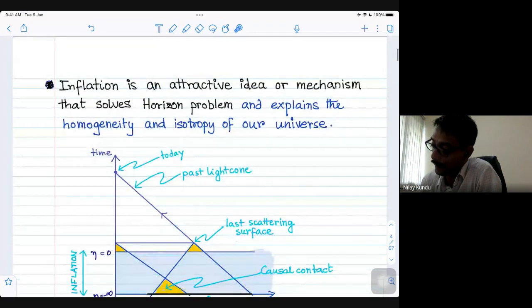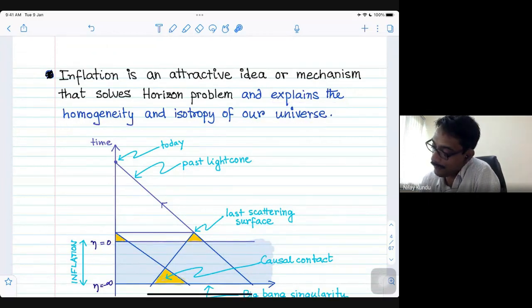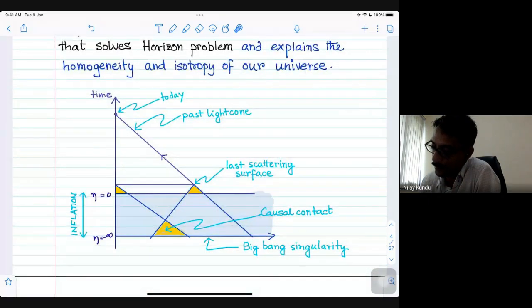It explains the homogeneity and isotropy of our universe. So let's see what we should do.